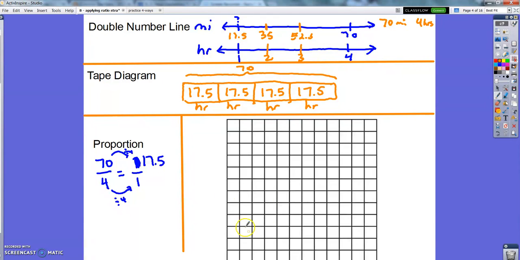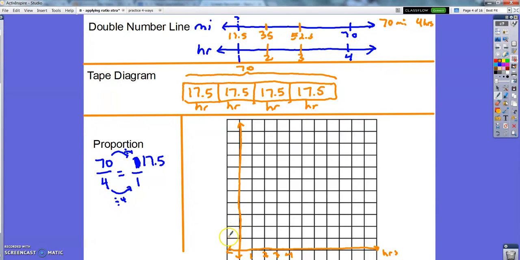So last one, coordinate plane. I'm going to set that up. Remember, I'm going to set up my up and down number line on a line, not on a space. I'm going to set up my horizontal one on a line, not on a space. I'll put my hours at the bottom. So like 1 hour, 2 hours, 3 hours, 4 hours. And I got to go up to at least 70.